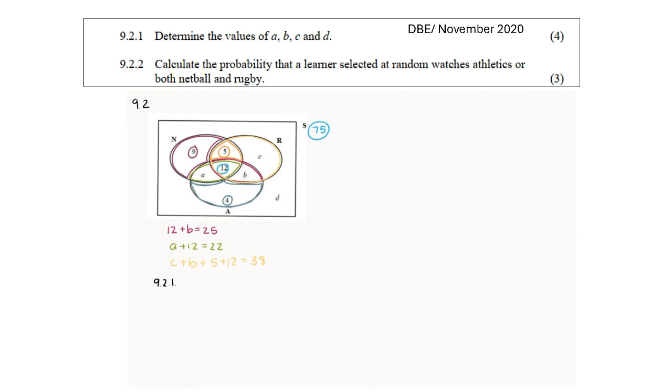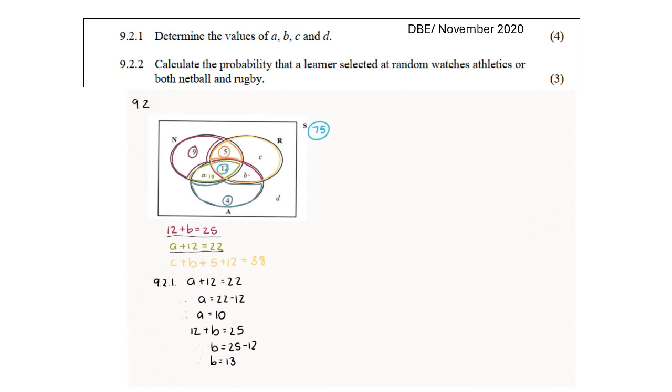To determine the value of A, we take the equation A plus 12 equals 22, and we solve for A. So A will be equal to 22 minus 12, and that equals 10. To determine the value of B, we use the equation 12 plus B equals 25, and we solve for B. So B is equal to 25 minus 12, and that is equal to 13.